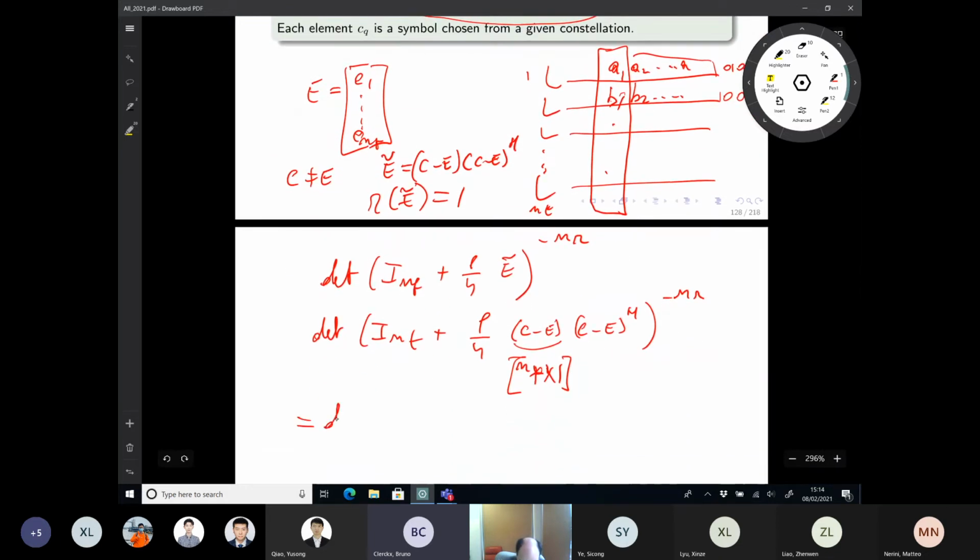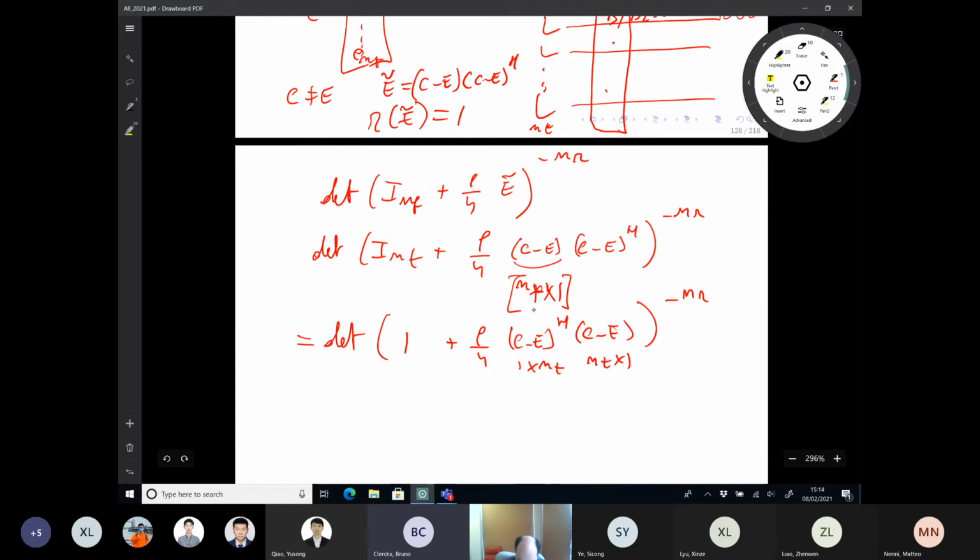So this is equal to the determinant of, I switch the order, this one goes here. If I do that, I have to change the order of this. So if I switch the order of those two matrices, I will not have NT by 1 multiplied by 1 by NT. I will have 1 by NT multiplied by NT by 1. So I'm going to have C minus E Hermitian, C minus E, NT by 1, 1 by NT, rho over 4, plus I'm going to have a 1 there, minus NR.